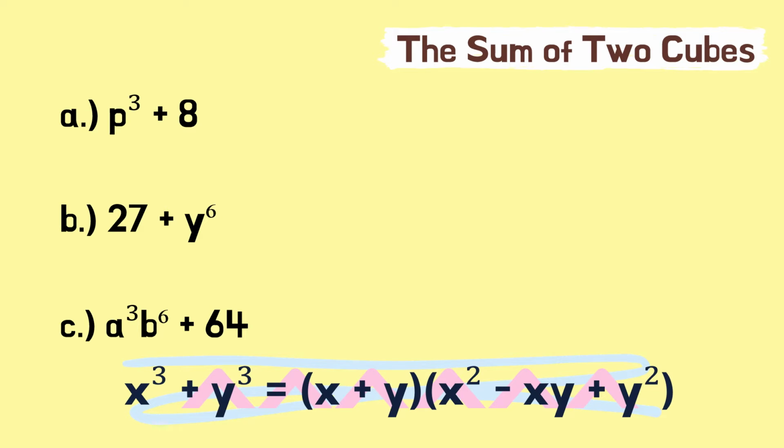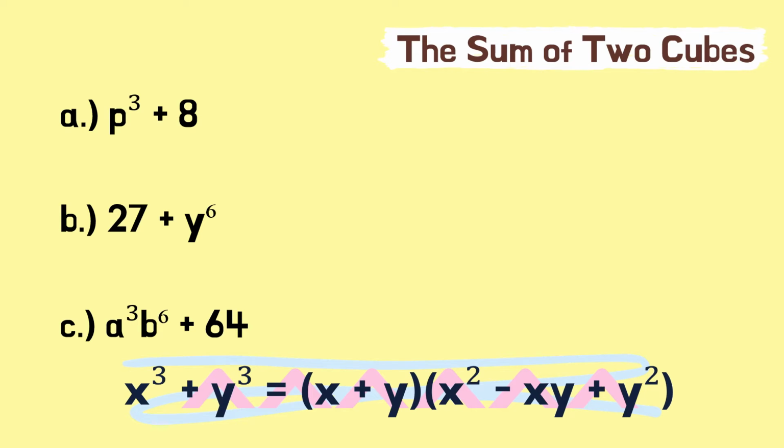So, let's now factor the following sum of two cubes. For the sum of two cubes, ang gagawin natin ay, una, you have to think if these numbers are perfect cube numbers. Okay? Tapos, kapag alam mo na perfect cube numbers na to, you have to identify what is the number used as a factor 3 times that results to this number.